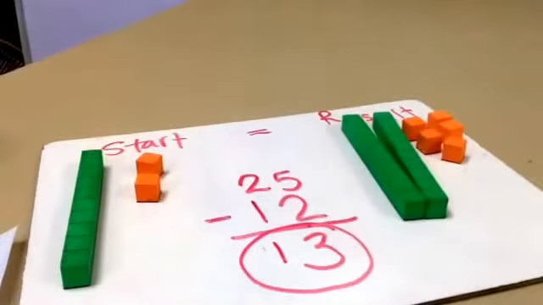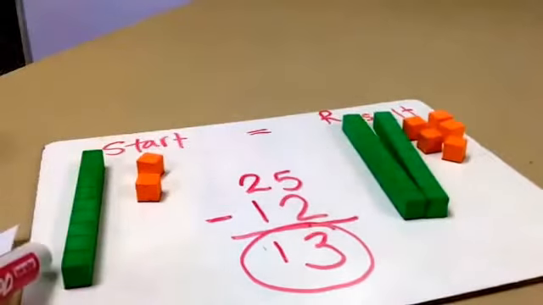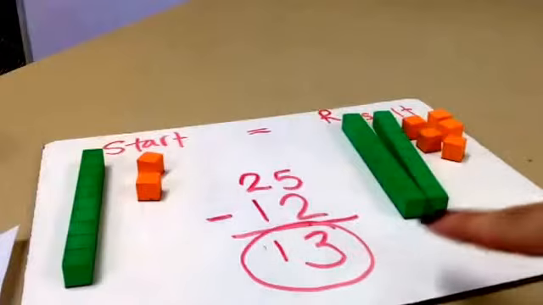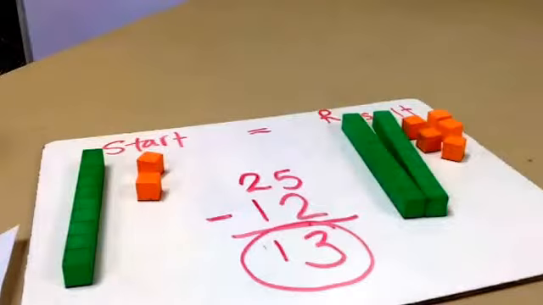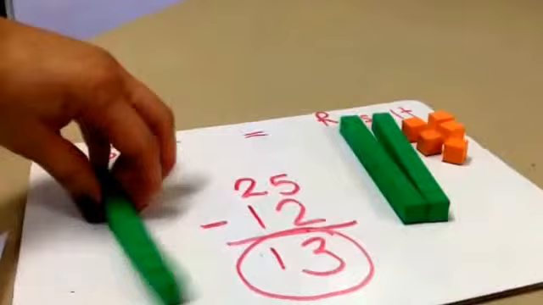So Kayla's friend gave her 13 pencils. Because she started with 12 and her friend gave her 13 more, now she has 25 pencils.